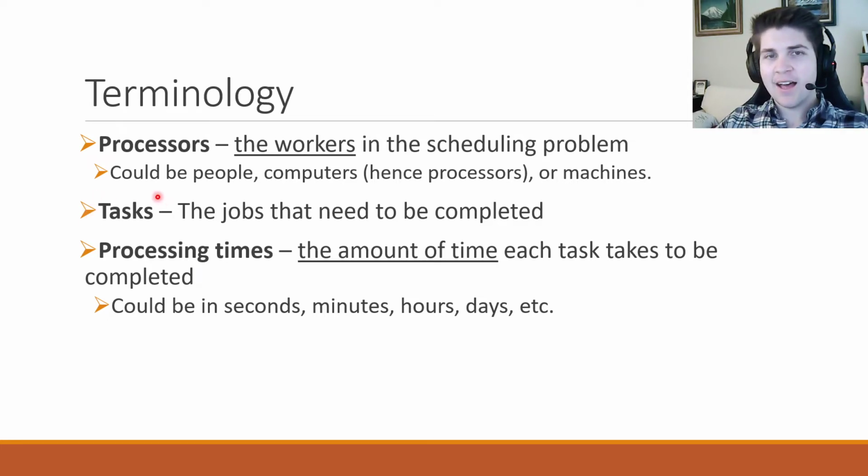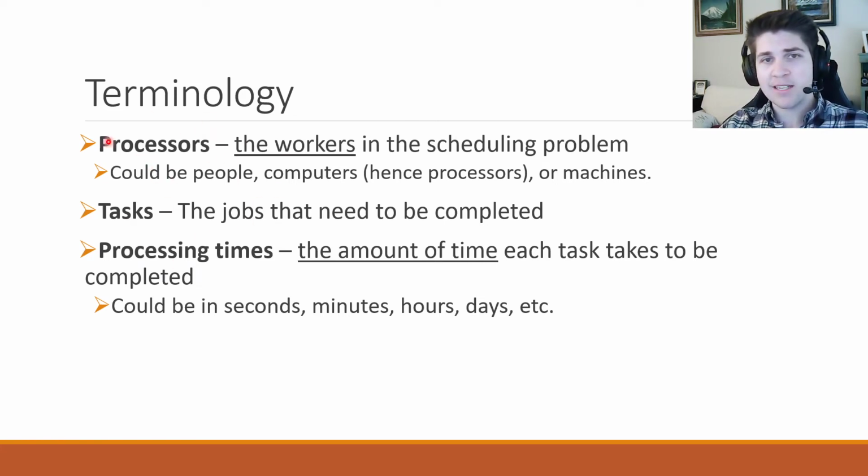Anyways, these task processor problems, while they can seem very computery, and if you read the examples in the book, they're about satellites and computers and stuff, my point is, it's also applicable to managers and people that have a lot of tasks to get done. Anyways, the processors are the workers, the tasks are just what need to get done, and the processing times are how long it's going to take.